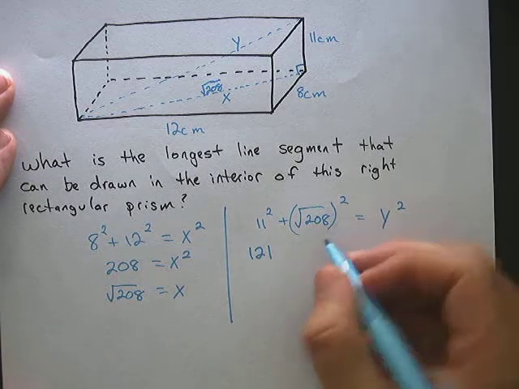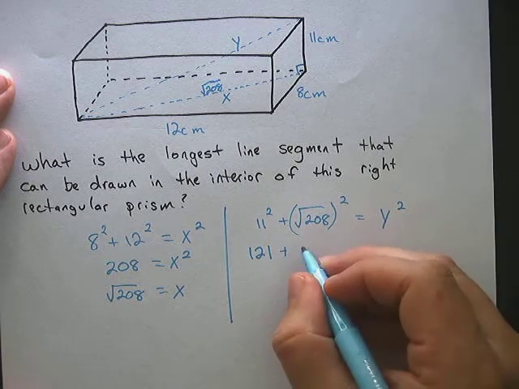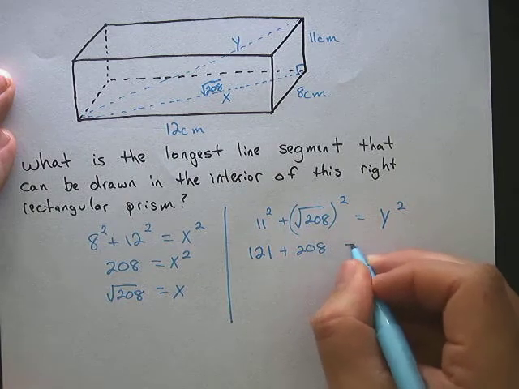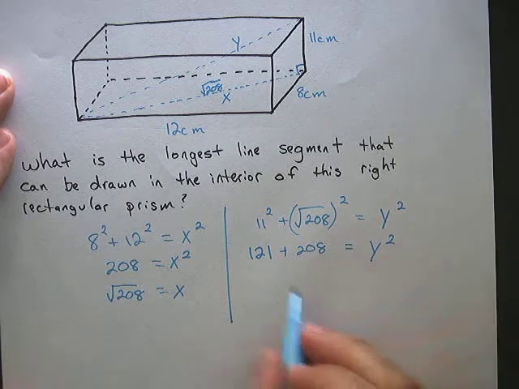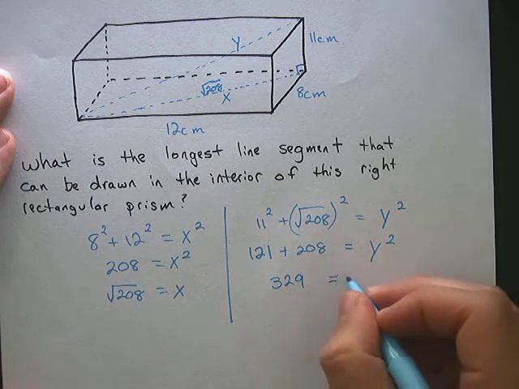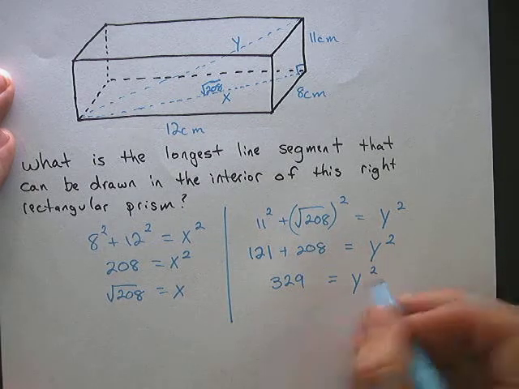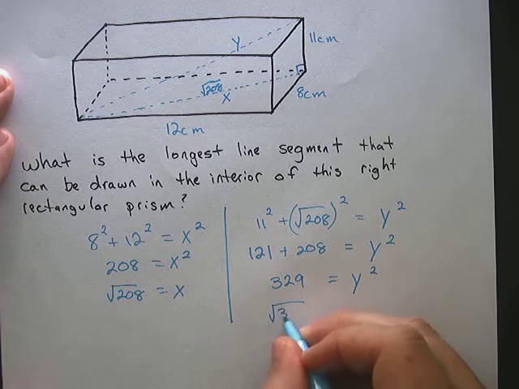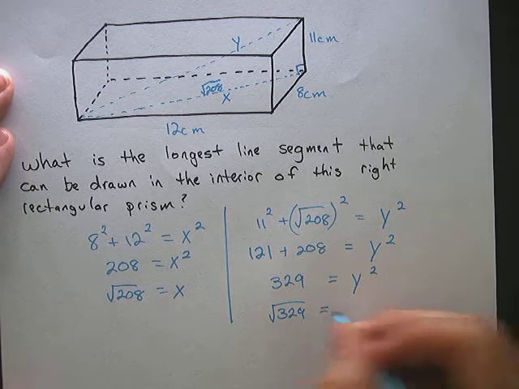You square a square root, that becomes whatever's on the inside, which is 208. Add those two together, you get 329 equals y squared. Then square root both sides, and you get the square root of 329 is equal to y.